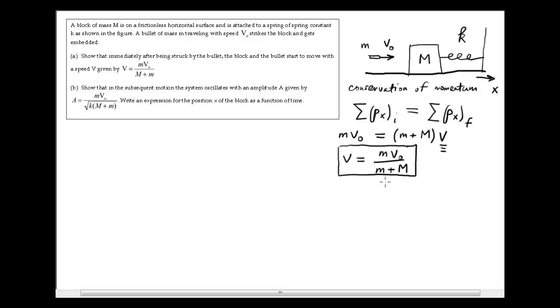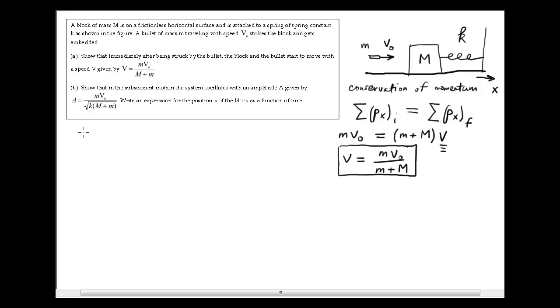Sometimes when we get in a hurry and we scribble these things down, we're not real careful about it, and then that makes things problematic, because sometimes we might think that those two m's are the same and add them up and get 2m, but that would be a mistake. So simply by applying the law of conservation of momentum, we have found the initial speed that the two mass system has right after the collision.